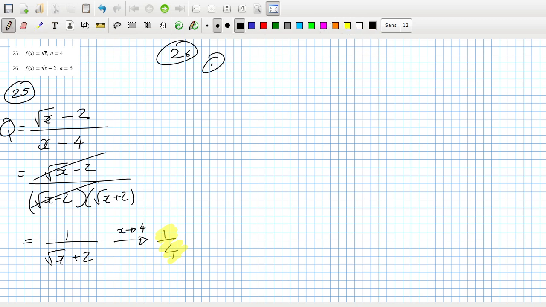26. It's going to be root x minus 2 minus root 4 over x minus 6. Now we're getting the hard ones. How am I going to do this one?